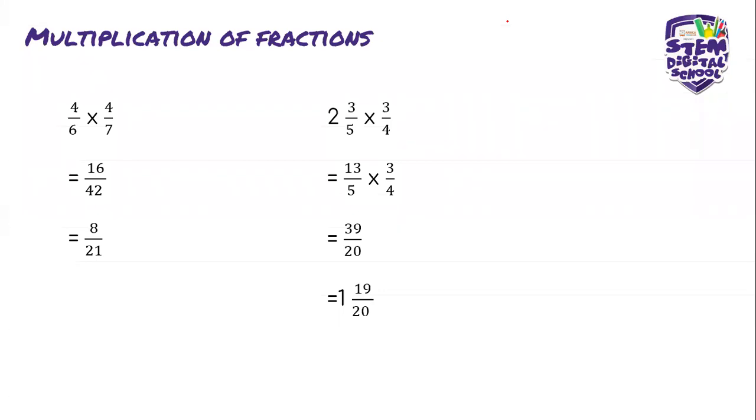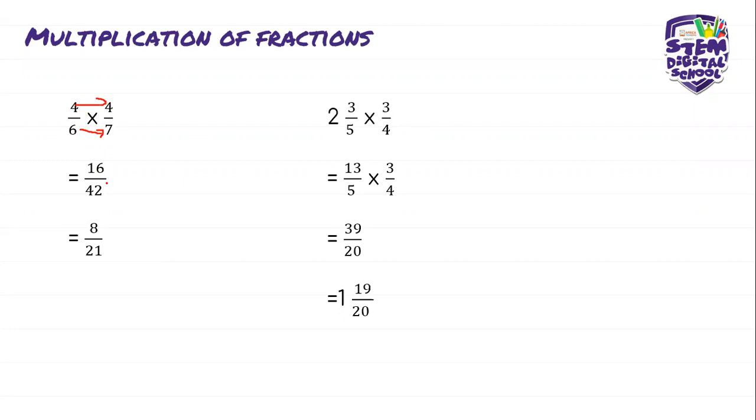So we're multiplying fractions. In multiplying fractions, we're not going to need an LCD or an LCM. What we do when multiplying fractions is multiply numerator with numerator and denominator with denominator. So 4 times 4 gives us 16. 6 times 7 gives us 42.